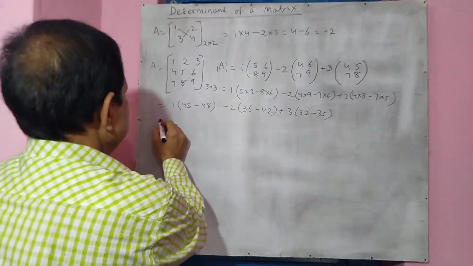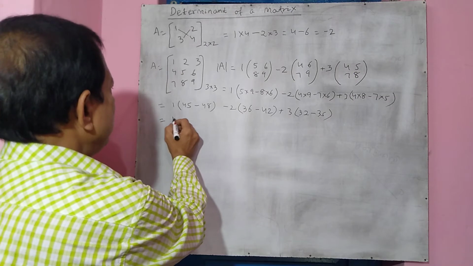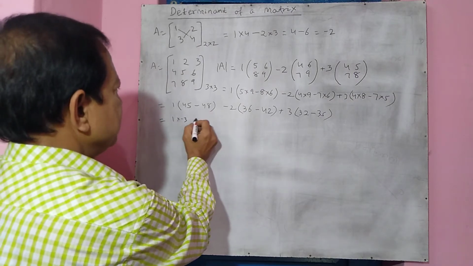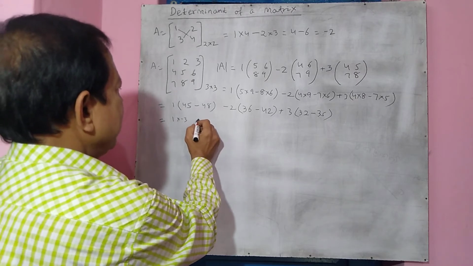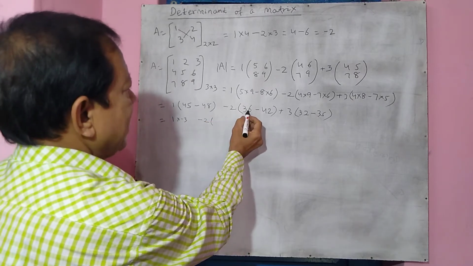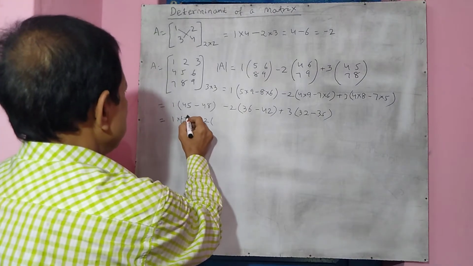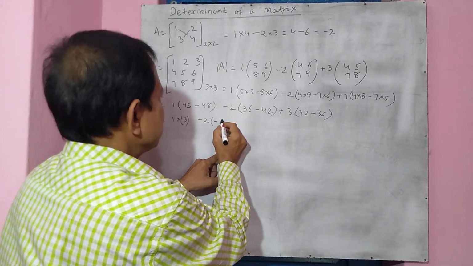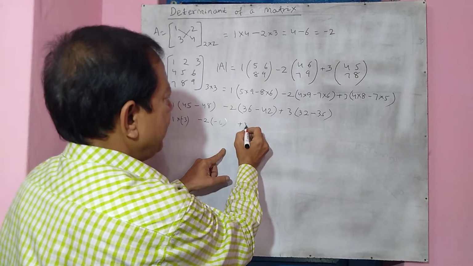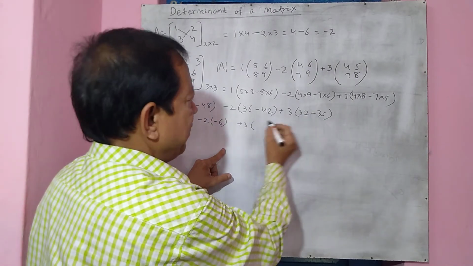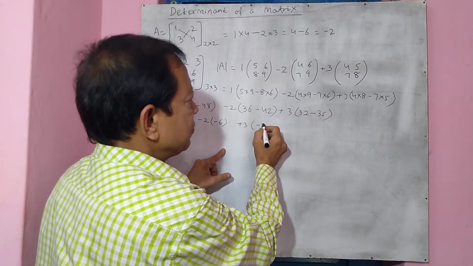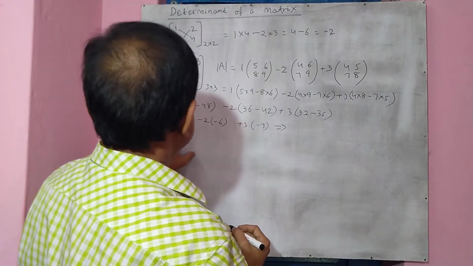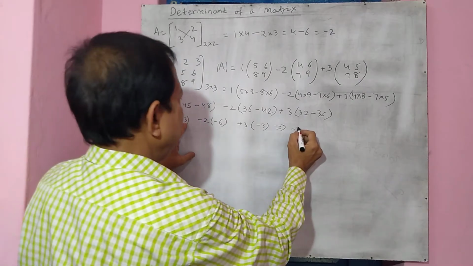Okay. Next is 1 into 45 minus 48, which is minus 3. Then again minus 2 into 36 minus 42. You can write like this also. 36 minus 42 is minus 6. Again plus 3 into 32 minus 35. This is minus 3. This is equal to 1 into minus 3, which is minus 3.